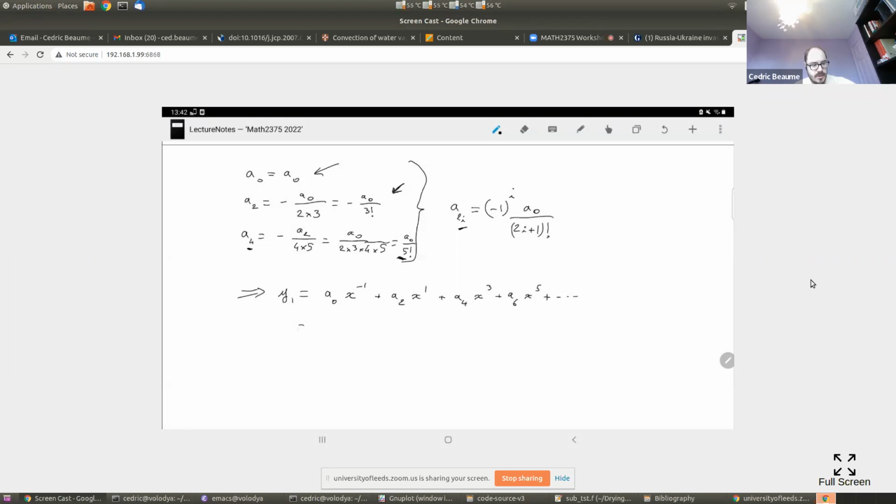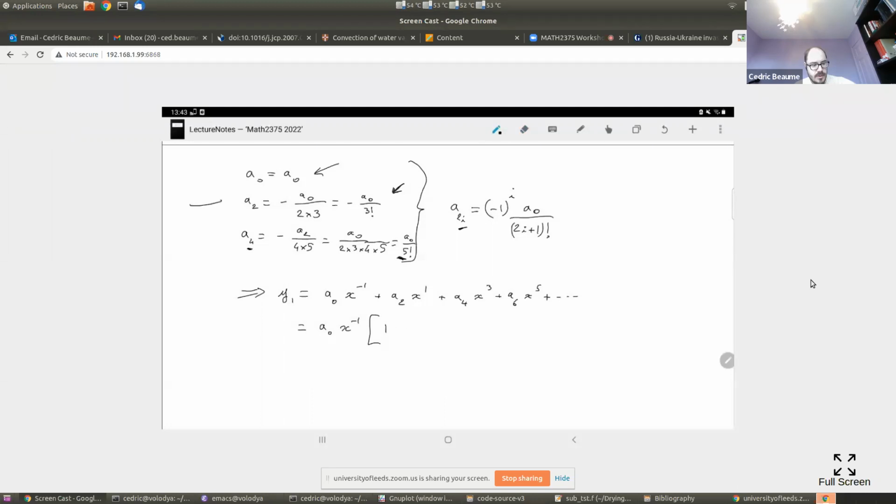And so, well, as usual, we can factorize everything by a0, and also by x to the minus 1, because this x to the minus 1 is going to bother us in the expression. And we get 1 plus a2 divided by x^0. So remember, a2 was a0 over 3. Okay, sorry, there's a minus sign here.